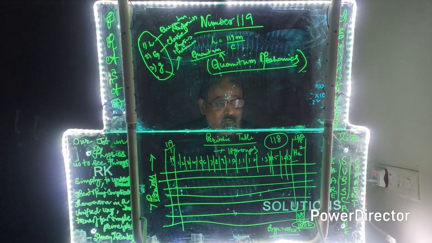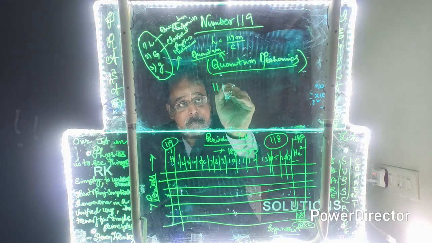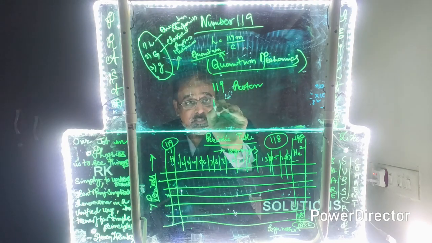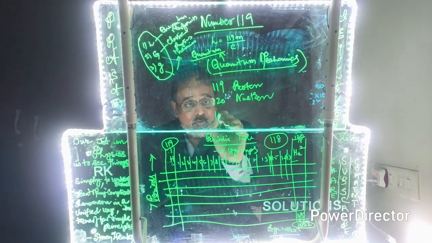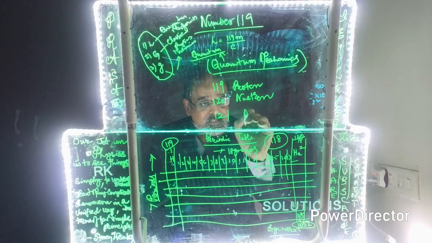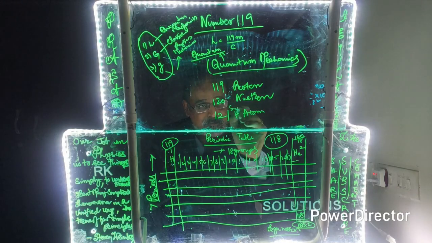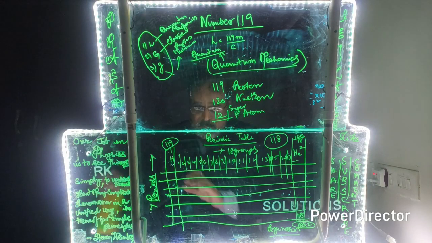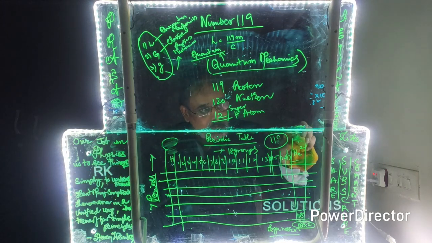But in reality, what happens is this 119 is more like the proton, 120 is more like neutron, and 121 is more like the hydrogen atom. Hydrogen atom or superhydrogen, you can call. So basically, what is happening here?